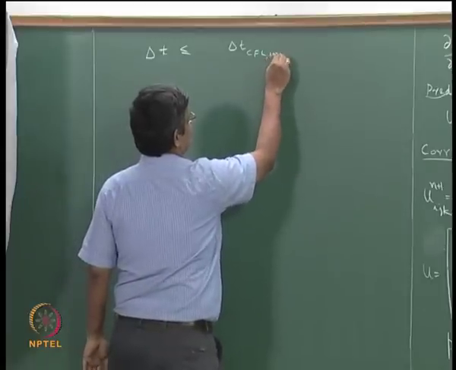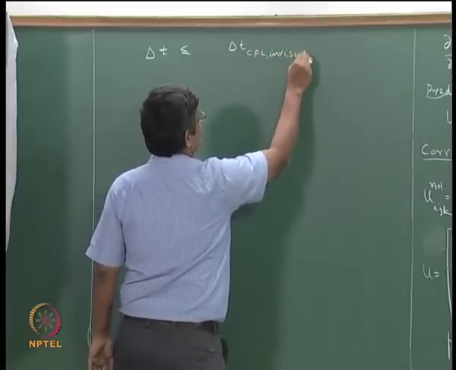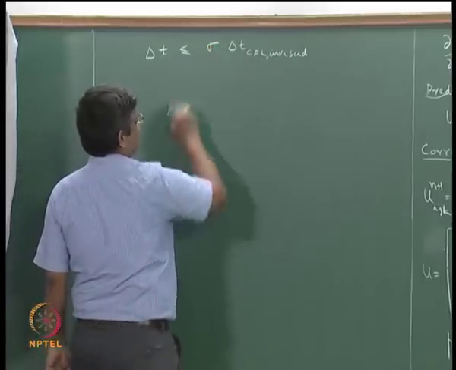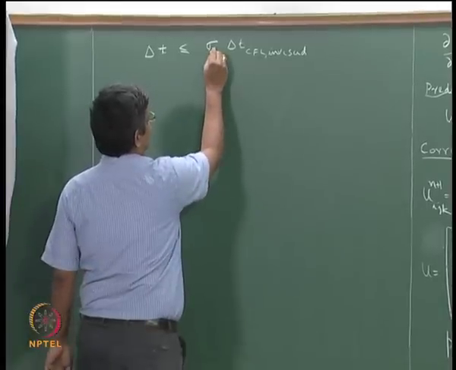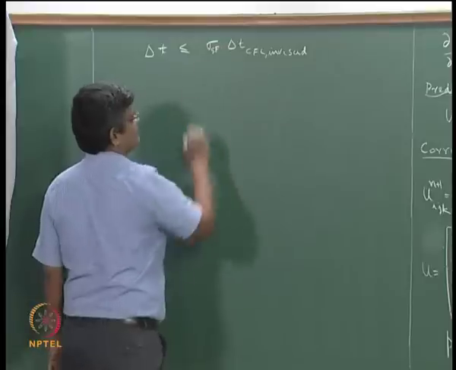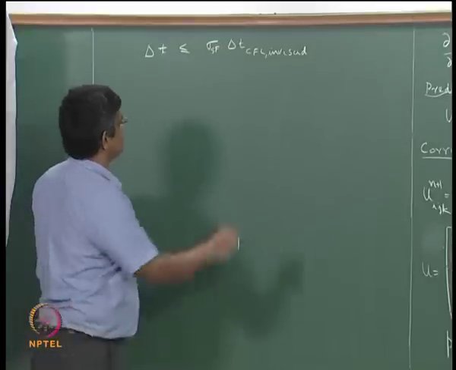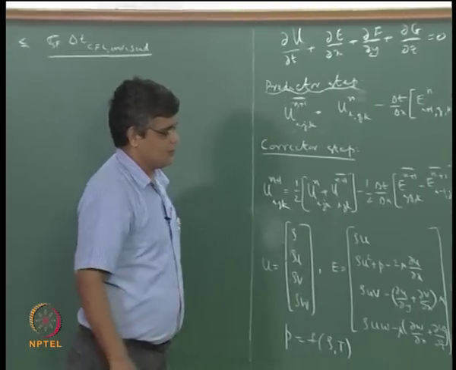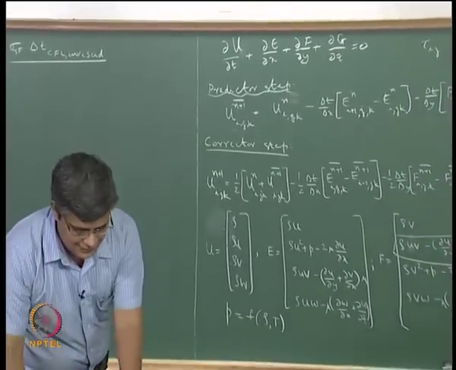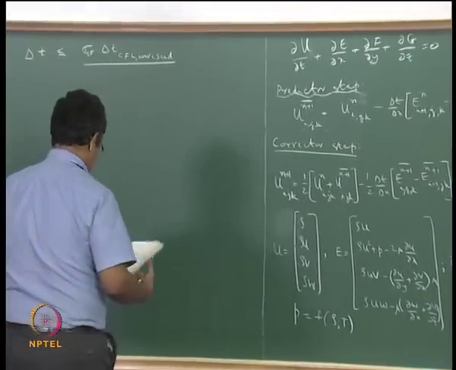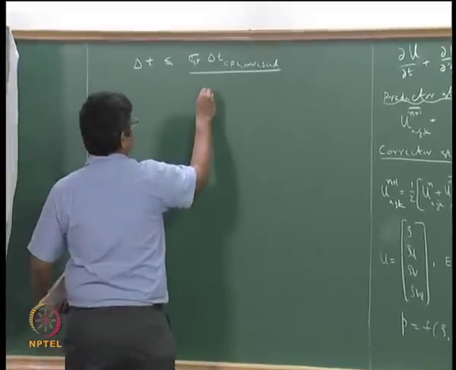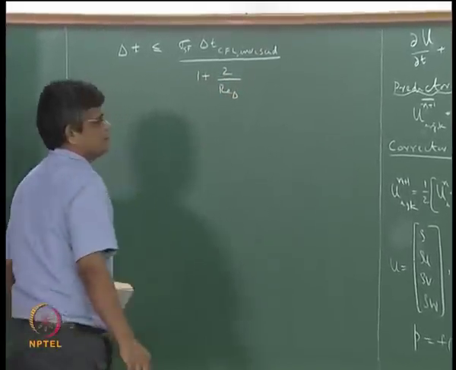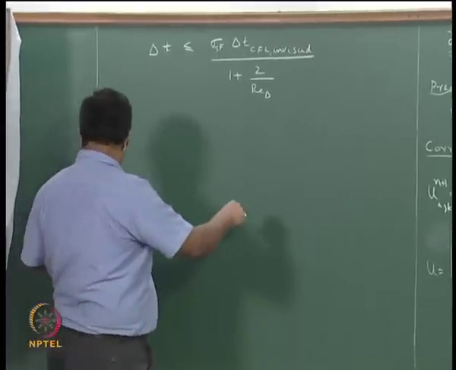Let me put this as times a factor of safety sigma. Let us put this as sigma SF divided by a function which is based on the Reynolds number, and it is estimated to be 1 plus 2 divided by Re delta.